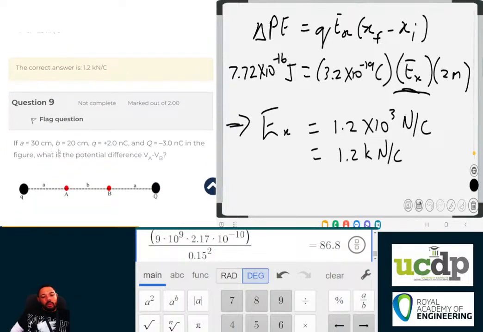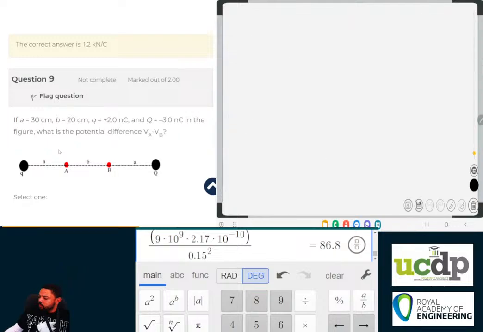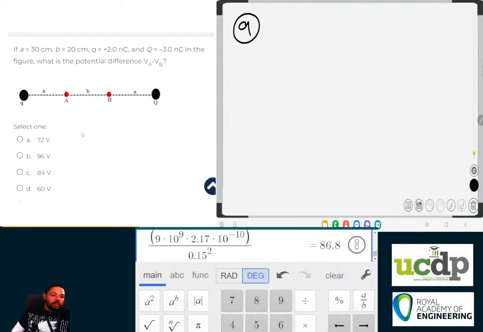Okay. Question number 9. If A, this point here, is 30 centimeters and the distance B is 20 centimeters, Q is 2 nanocoulomb and big Q, capital Q, is negative 3 nanocoulomb.